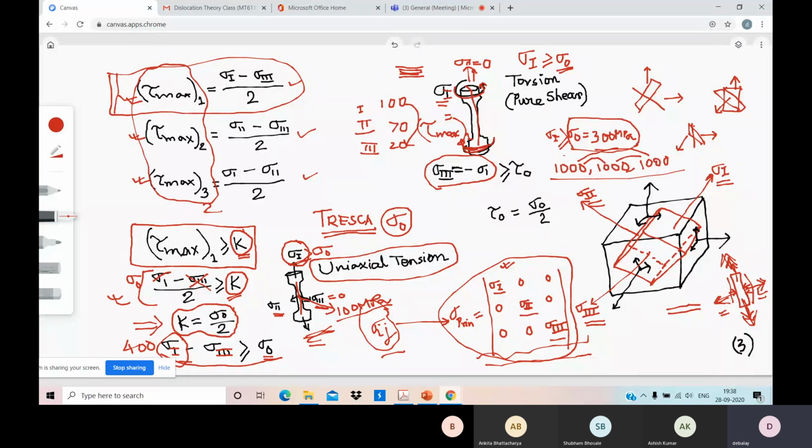Similarly, if I give you a knock on your face, you may fall down because a higher stress is coming from that side compared to the balance on the other side. So this difference actually leads to deformations. Hydrostatic stress leads to only volume change.